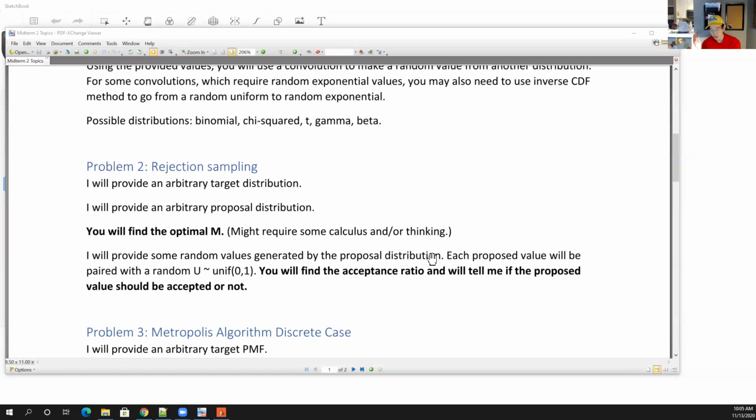I'll say, this value came from the proposal distribution, and each value I provide will be paired with a random u, okay? And based on that, you'll find the acceptance ratio, and you'll tell me if this proposed value should be accepted as part of the resulting sample or not. Okay, I hope that makes sense as well.